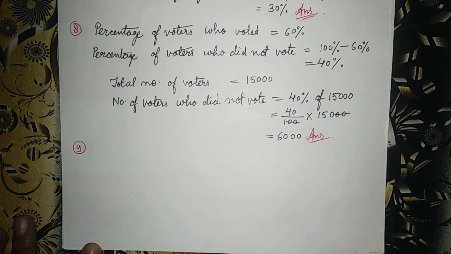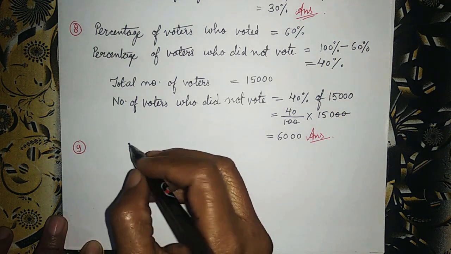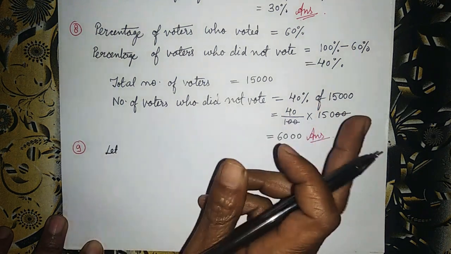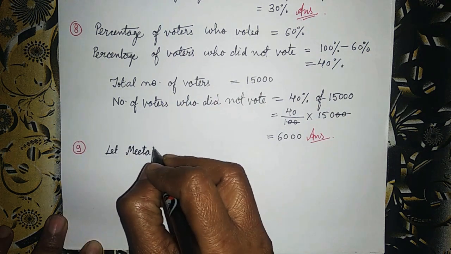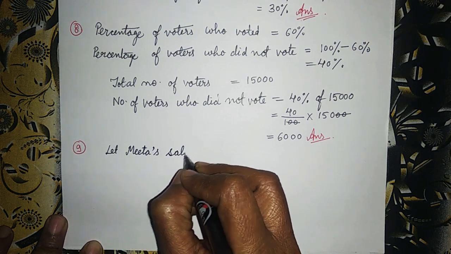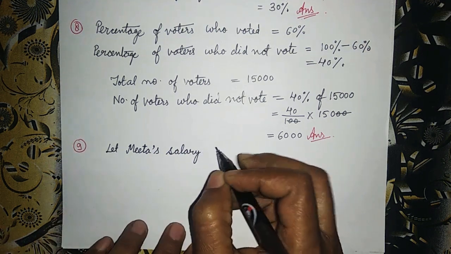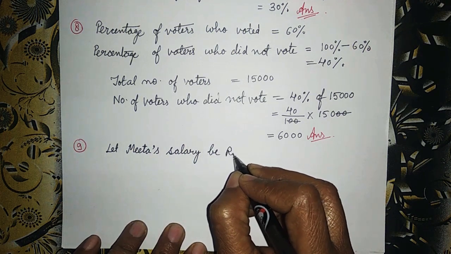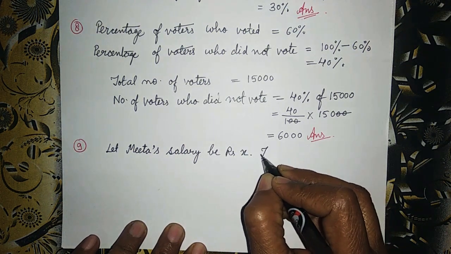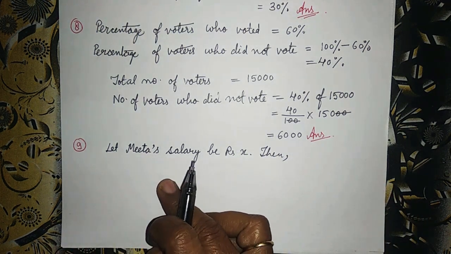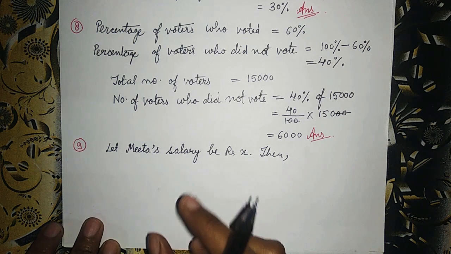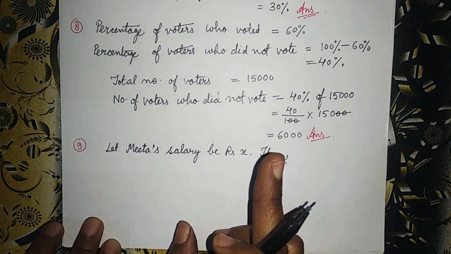As we don't know her salary, so what we will do? Here we will assume her salary first. For that we will write, let Meeta's salary be rupees X. Then here see the question again. Meeta saves rupees 400 from her salary.